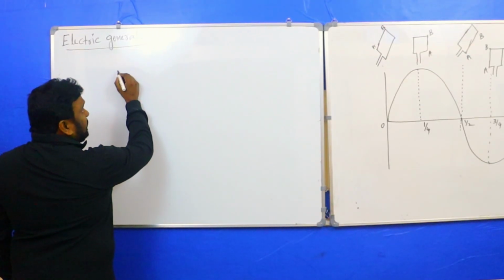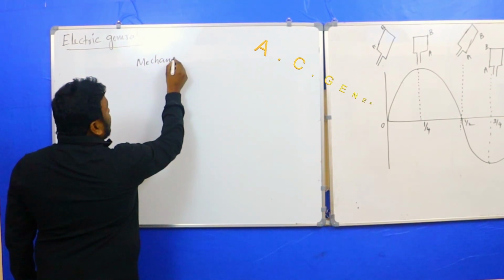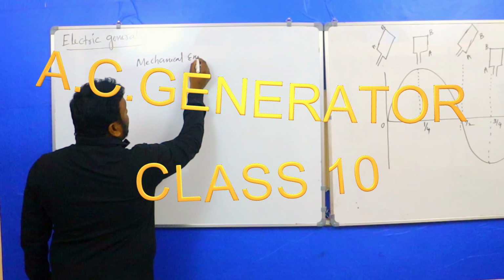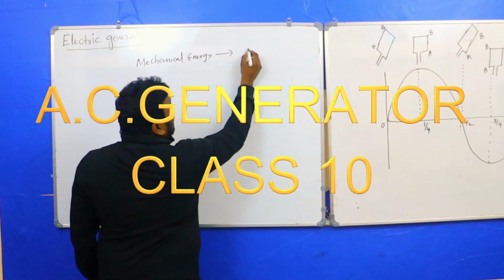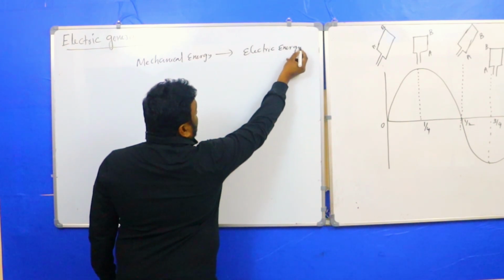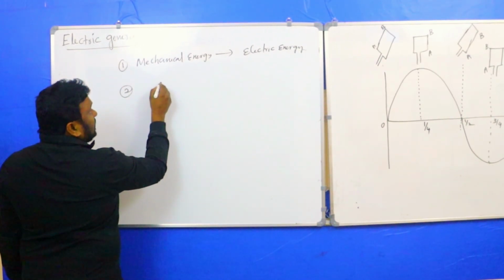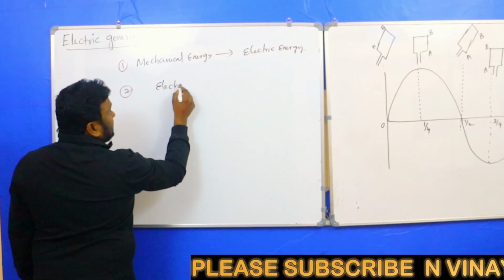An electric generator is a device that converts mechanical energy into electric energy. Clear? And the next thing is, it is purely based on electromagnetic induction.